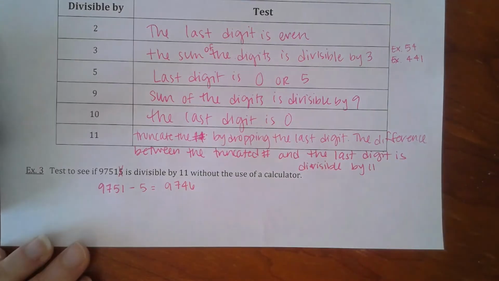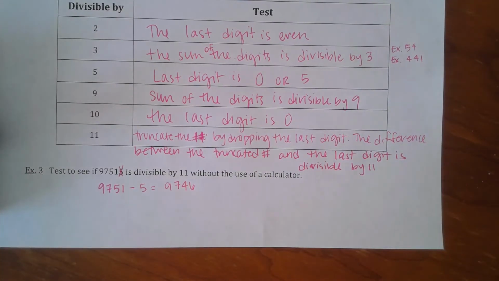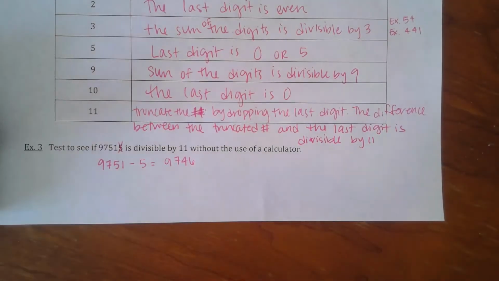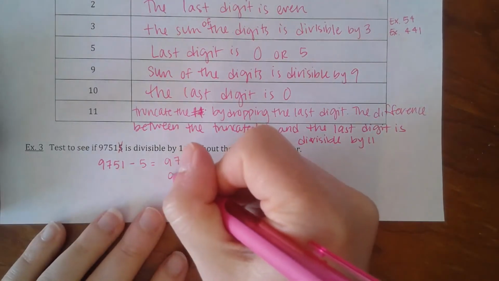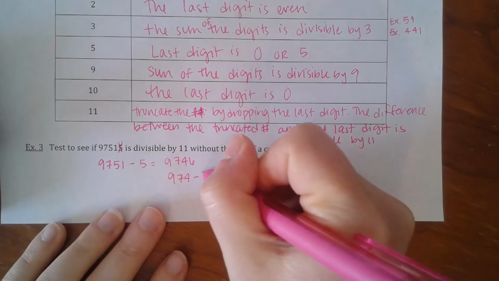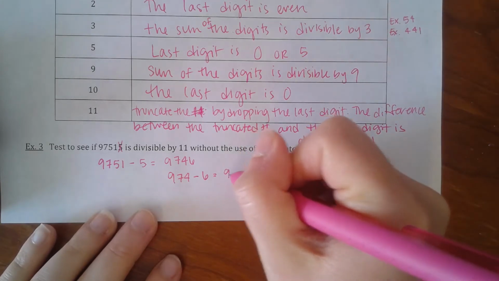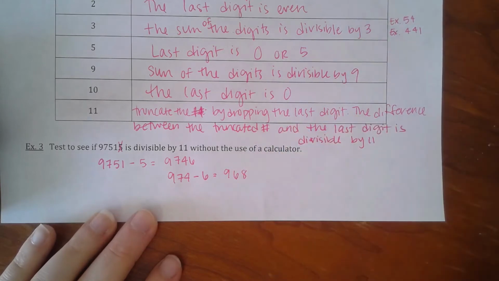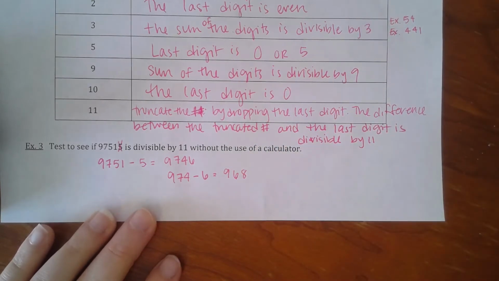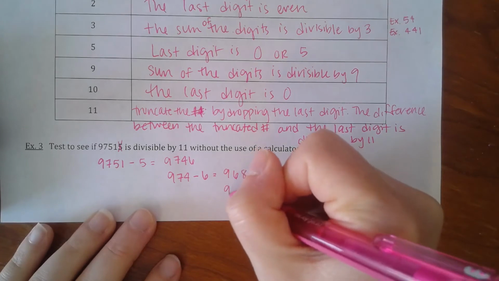I get 9,746, which again, right off the bat, I don't know if it is divisible by 11 because it's still too big for me to tell, but that means I can perform the same test on it. So I drop the last digit and subtract the difference between them. 974 minus 6 gives 968. Again, this is not something I really know, but I can perform that test again.